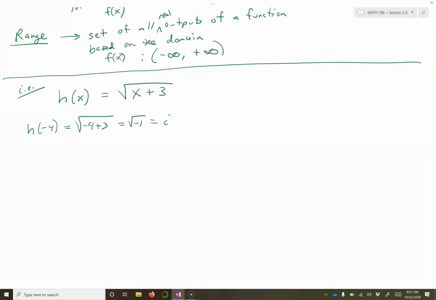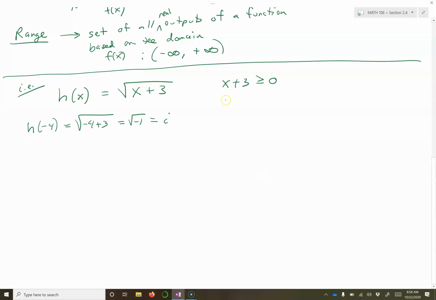So what that says is the domain is not going to be negative infinity to positive infinity. So with square roots, remember, this is what we did. We took the radicand, the thing inside the radical, x plus 3, and we said, okay, well, that has to be greater than or equal to 0. Has to be. Otherwise, we're going to get an imaginary solution.